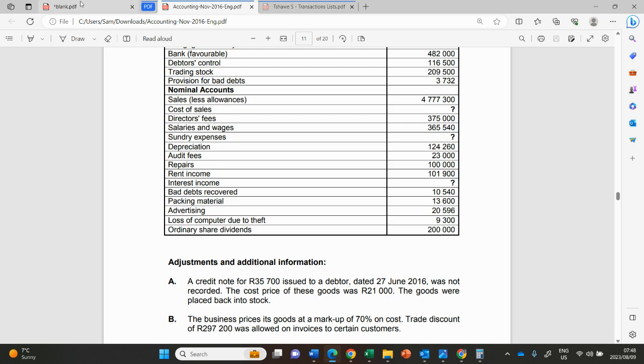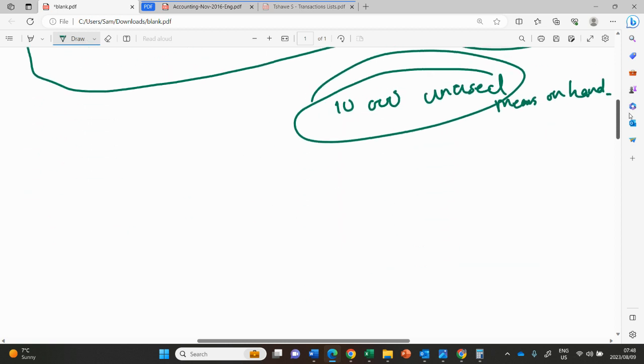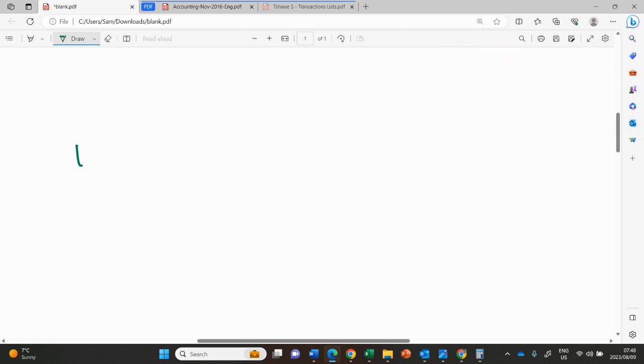So it means now we will take this 13,600 packing material from the trial balance. Then we minus packing material on hand of how much?